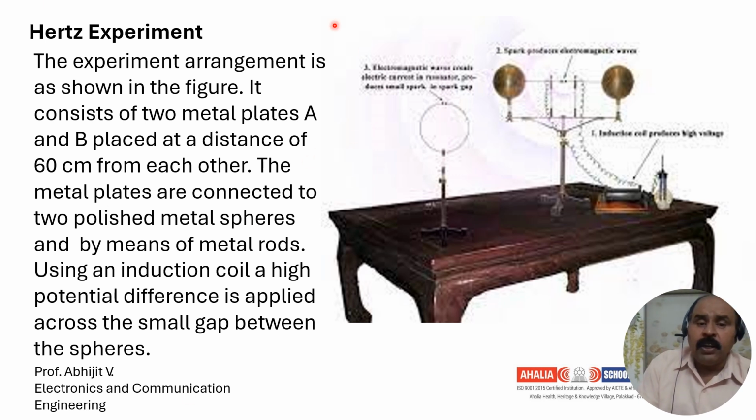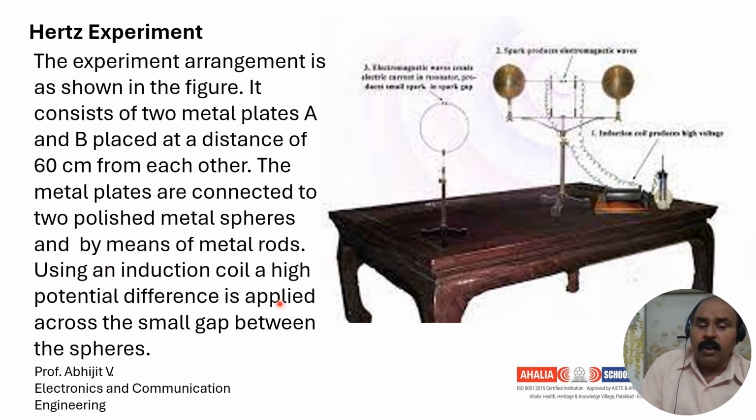Let us look into the Hertz experiment in detail. The experiment arrangement consists of two spherical plates A and B kept at a distance of around 60 centimeters from each other. The metal plates are connected to two polished metal spheres by means of metal rods.